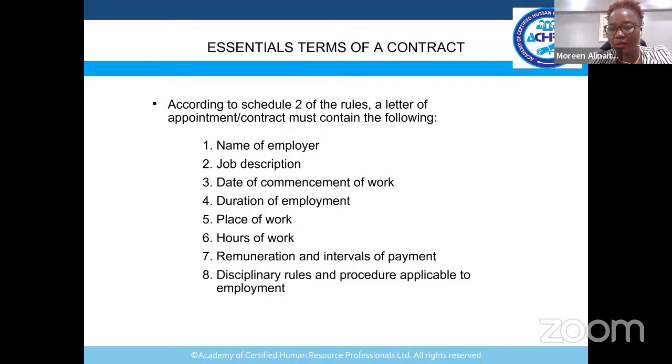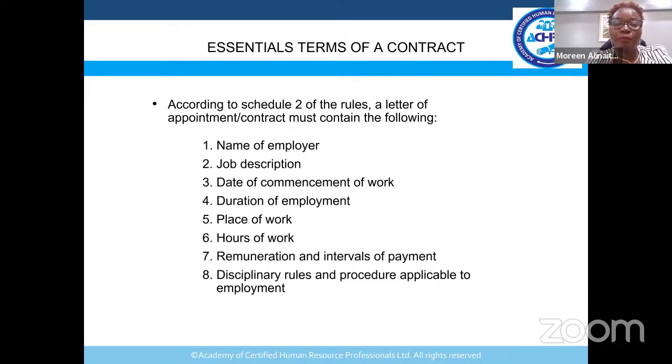Have you seen those scenarios where people claim double salary? They say, I was employed as a cleaner, but I was given the duties of being a receptionist as well, so I want to be paid for both. That is why the schedule specifically provides that you must have a job description for each employee that you have.